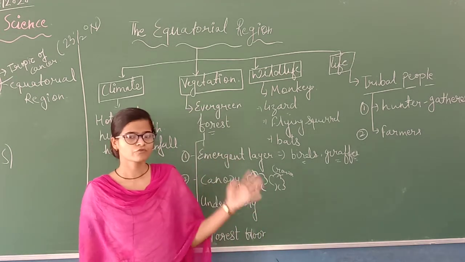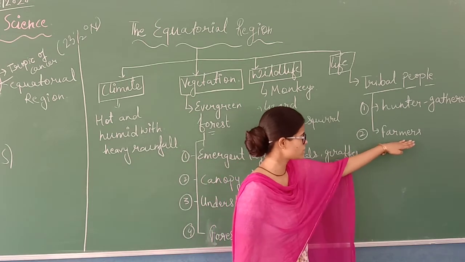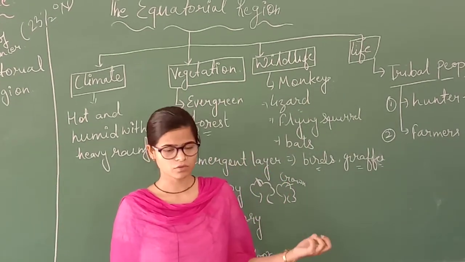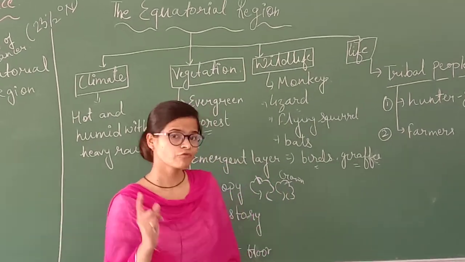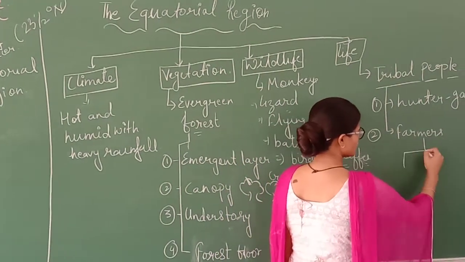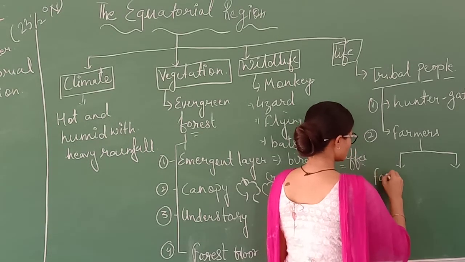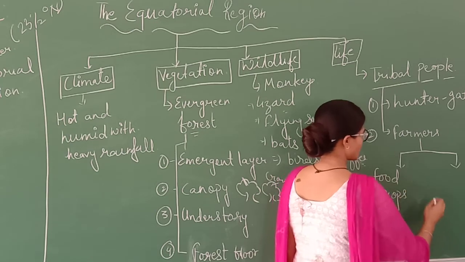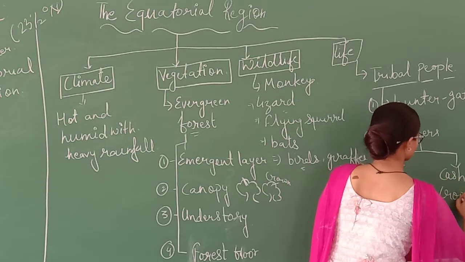And what food will they eat? As I have already written here, farmers. So what kind of food will they produce? Two kinds of food they have, that is food crops and cash crops. Farmers will produce food crops and cash crops.